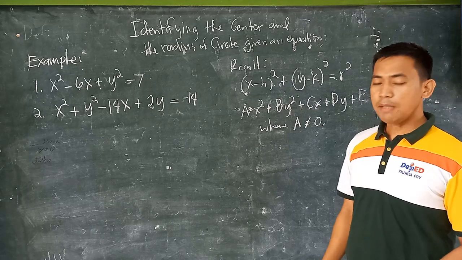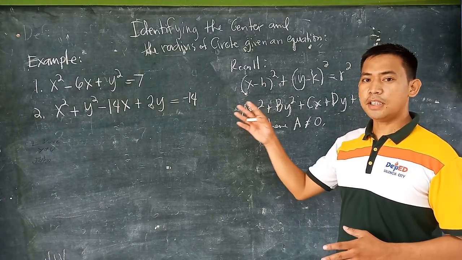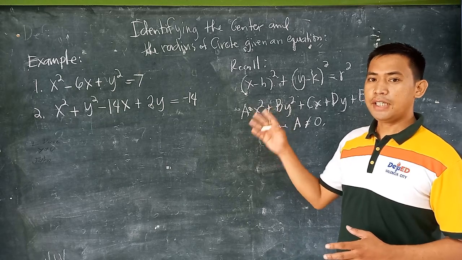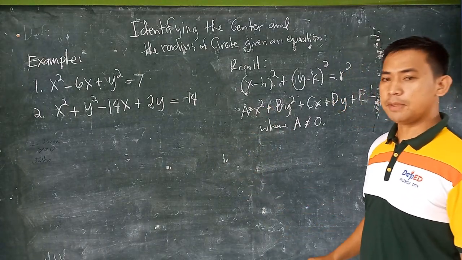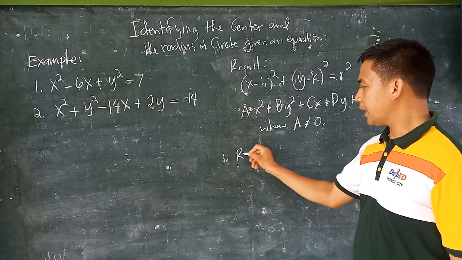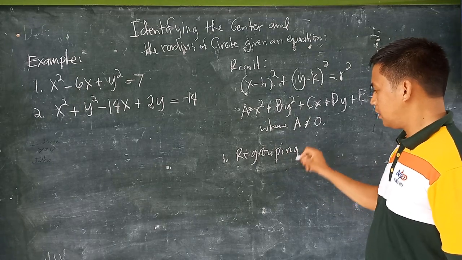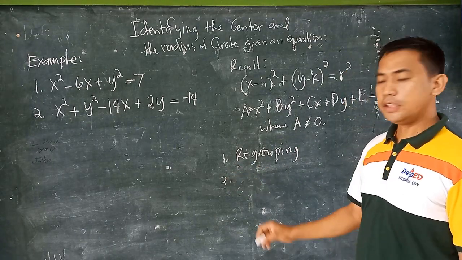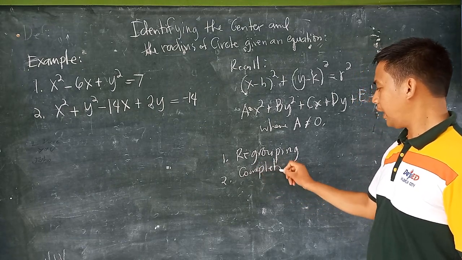So there are techniques that we need to remember on how to find the center or the radius given the equation. Number 1 is regrouping. Second, we need the completing the square technique.